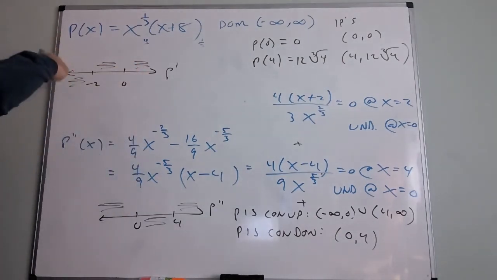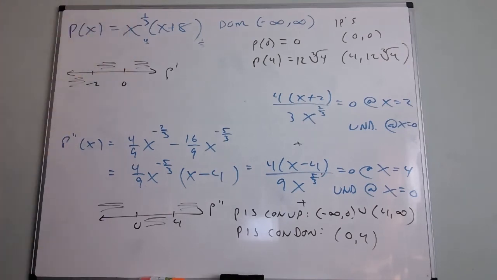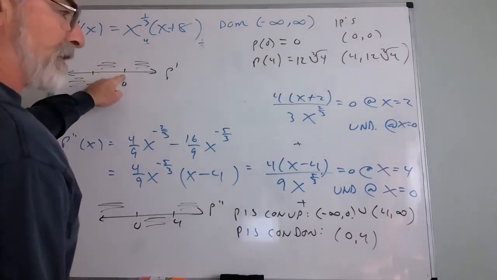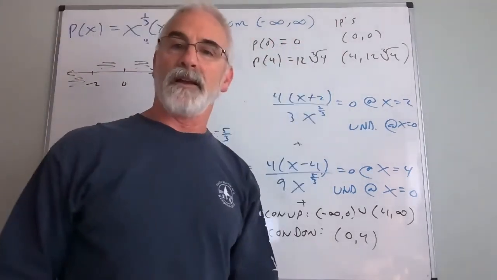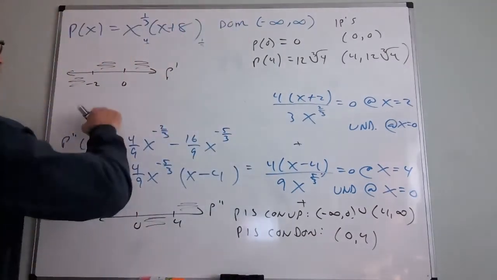So I was decreasing, I was flat, I was increasing, something happened and I continued to be increasing. I did not change direction at 0, but I clearly have an inflection point at 0.